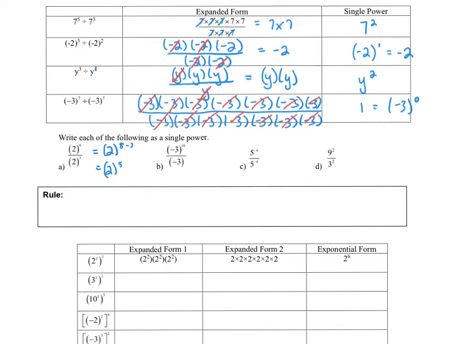In the second example, we have base -3 to the exponent 10 divided by base -3 to the exponent of 1. So -3 to the exponent 10 take away 1, -3 to the exponent 9. Again, these brackets are necessary because the base is negative. The brackets in example A are not necessary because the base is positive.